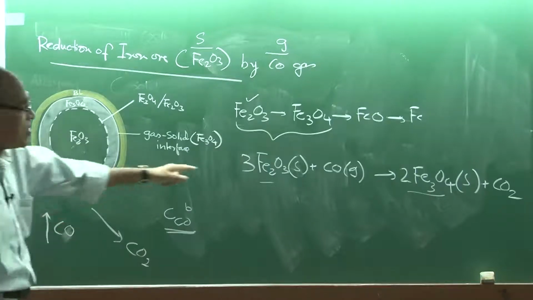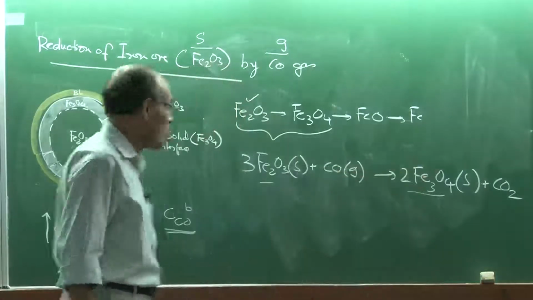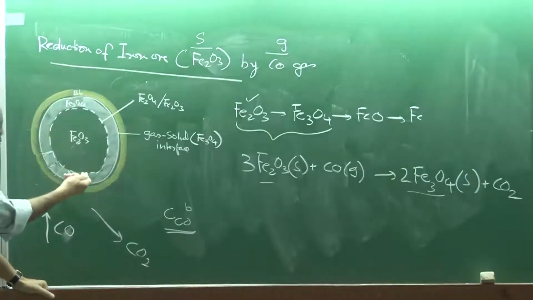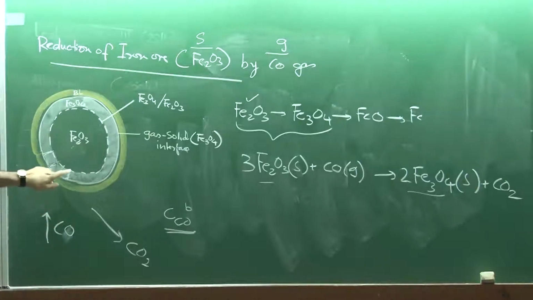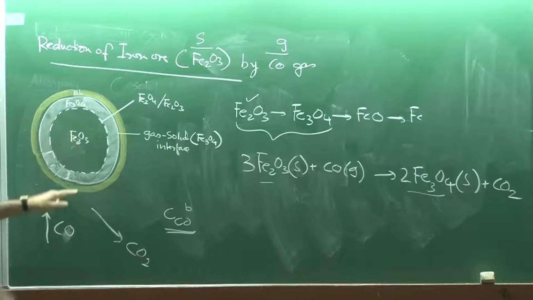As the chemical reaction takes place, carbon dioxide is generated. The carbon dioxide diffuses in the opposite direction through the solid Fe3O4, reaches here, and then transports across the boundary layer, and is distributed in the bulk.